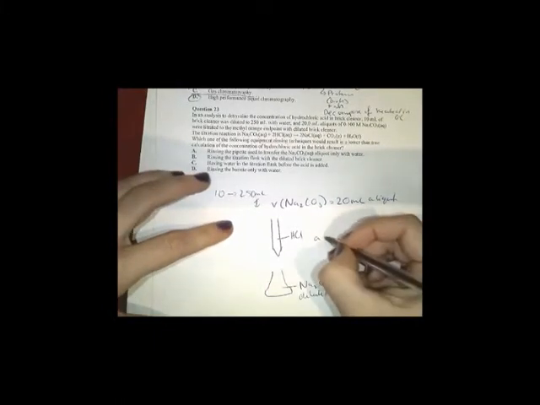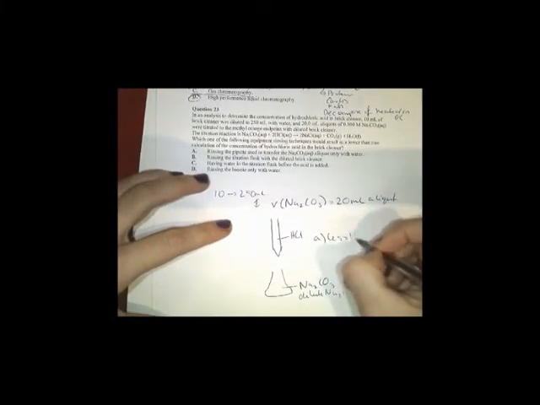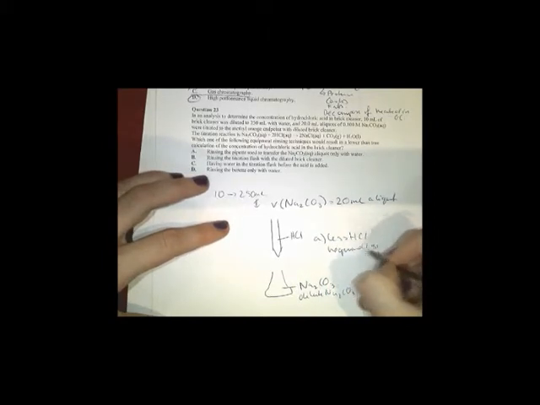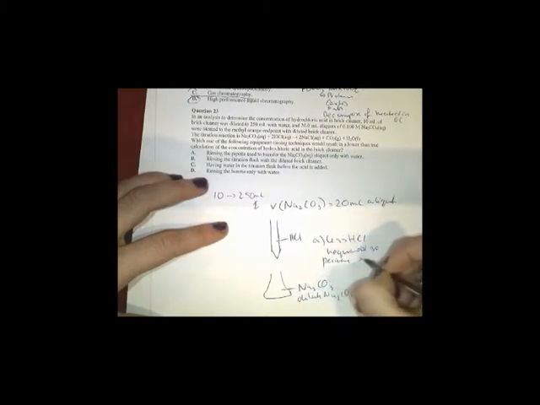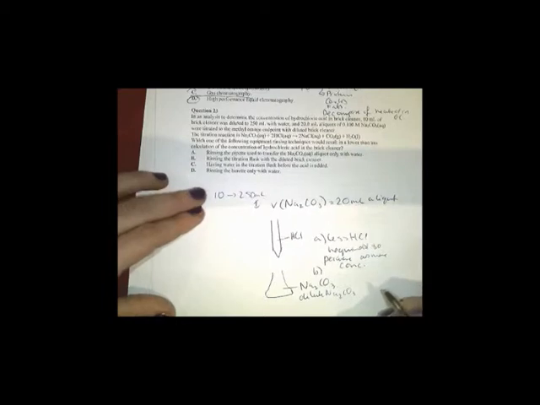So option A, less HCl required, so we perceive it as more concentrated. B, rinsing the titration flask with the diluted brick cleaner.